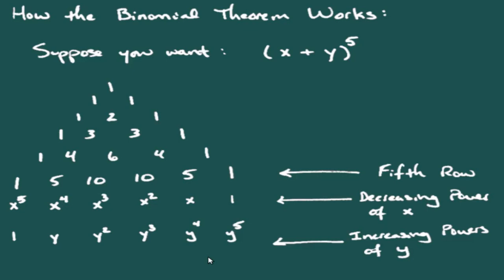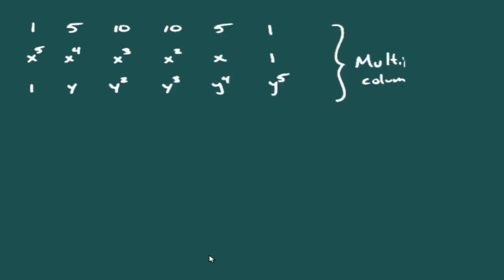And so this kind of gives us this little grid of our coefficients on top, so 1, 5, 10, 10, 5, 1. Our powers of x, x to the 5th, 4th, 3rd, 2nd, 1st, and 1. Our powers of y increasing, 1, y, y squared, y cubed, y to the 4th, y to the 5th. So the idea is that we multiply the entries in those columns.